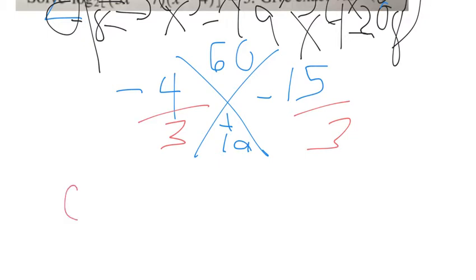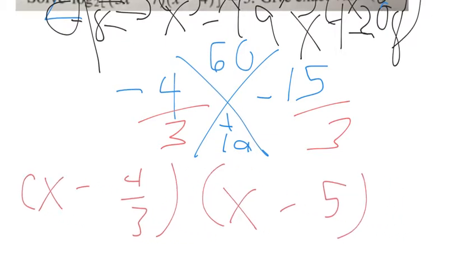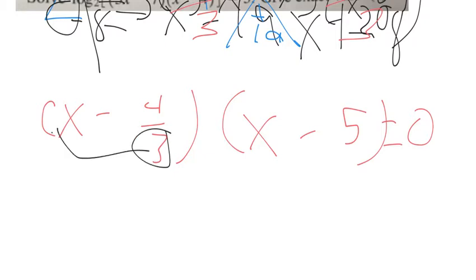So that would be x minus 4 over 3 times x minus 5 equals 0. Also, if I ever told you just to factor it, you'd move the 3 out in front. But since we're trying to solve for x, you don't need to, because all I'm concerned about is from here.